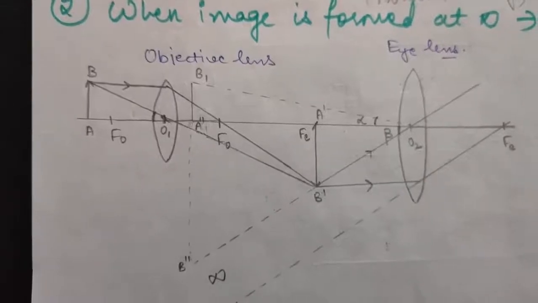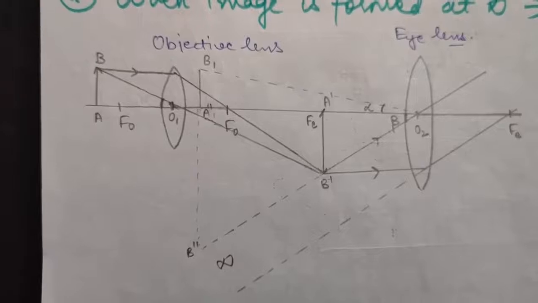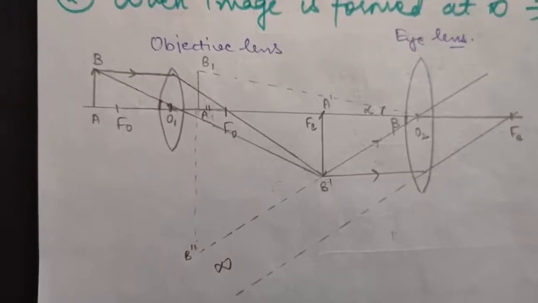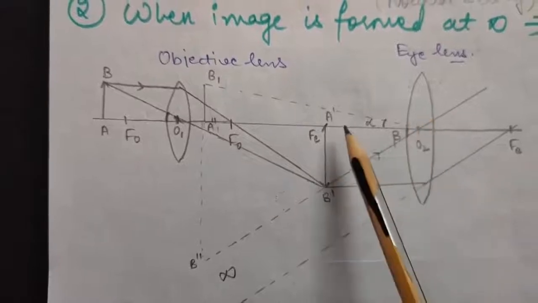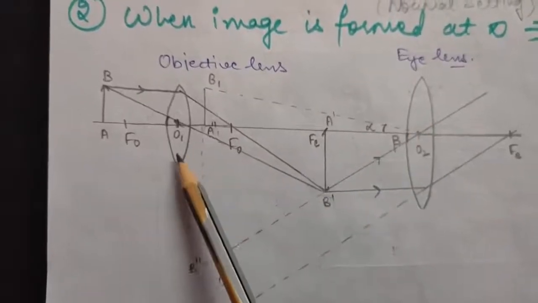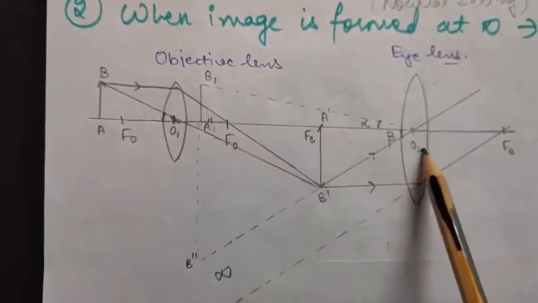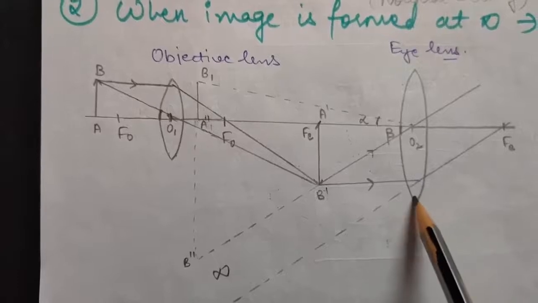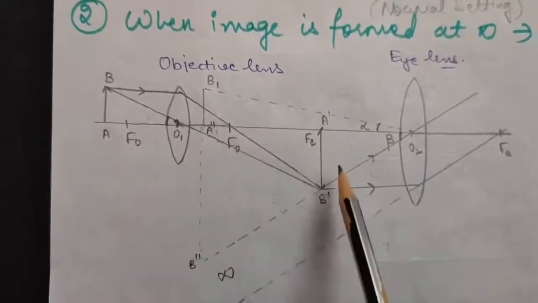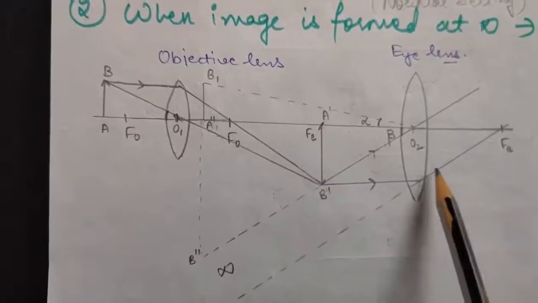Now, what is the difference between this diagram and the diagram which you studied when the image was formed at least distance of distinct vision is that we have shifted this eye lens in this case such that the image formed by the objective lens is formed at the focus of the eye lens. Okay, so we have adjusted the eye lens such that the image formed by the objective lens is formed at the focus of this eye lens.